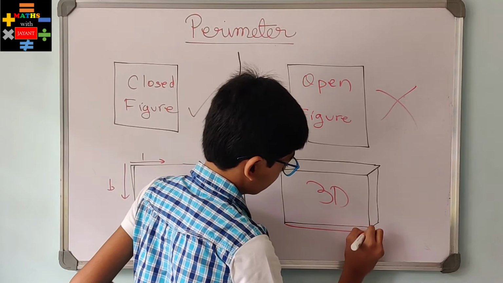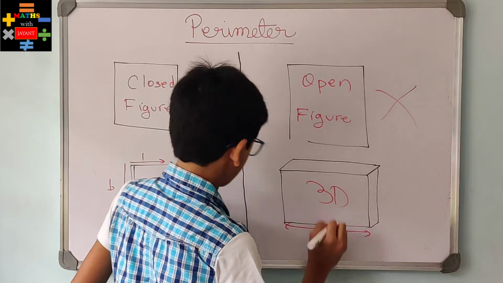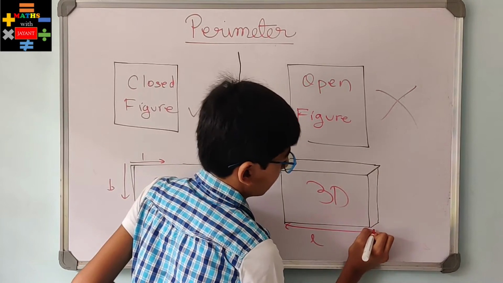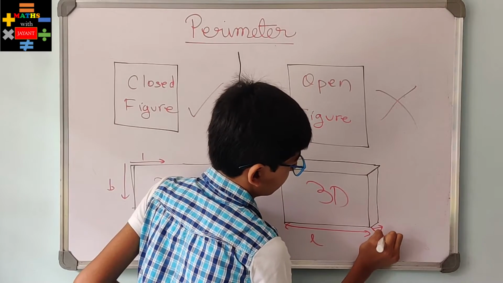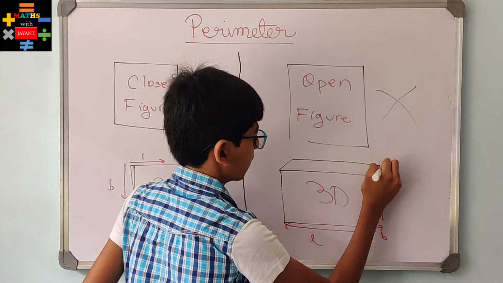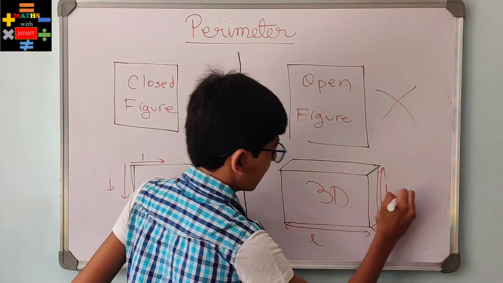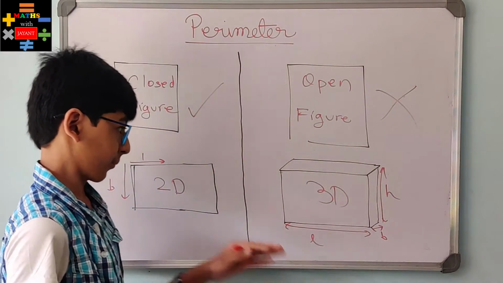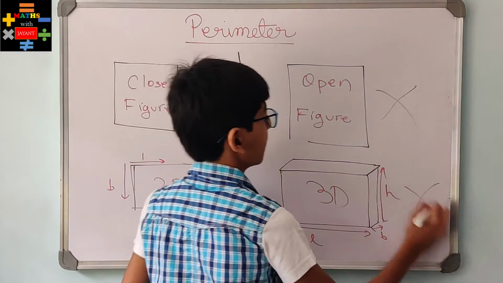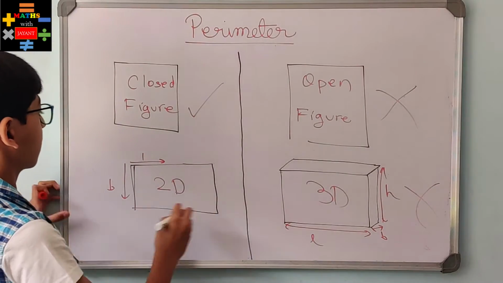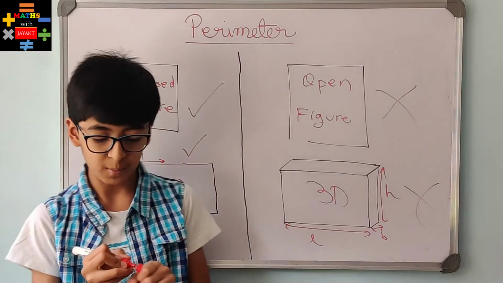It has this dimension, the length, then this dimension, the breadth, and this dimension, the height. So in three-dimensional shapes also perimeter does not exist. It exists only in 2D shapes.